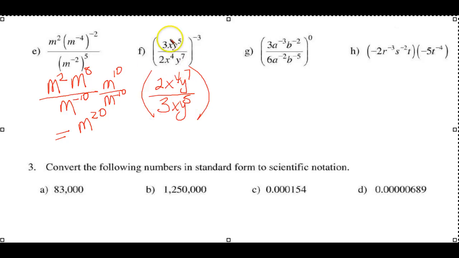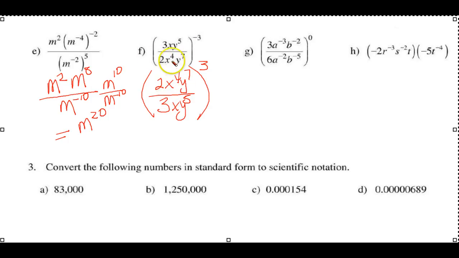I took the reciprocal of that, and that then allows me to change my exponent from a negative to a positive 3. Now also, what you can do first is you can do some simplification inside here.